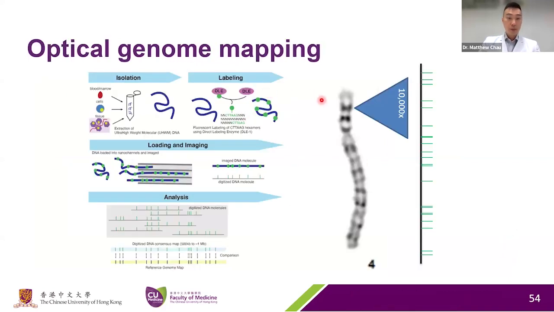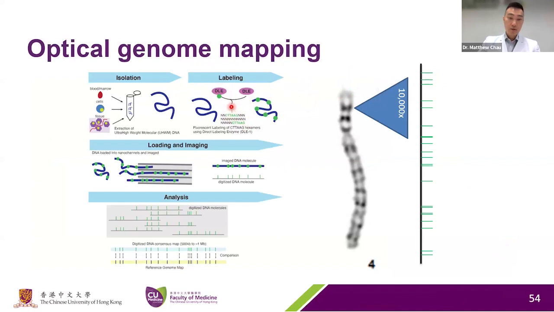So optical genome mapping is also another emerging method in the clinic. This involves labeling DNA by an enzyme that recognizes a six nucleotide hexamer. So this DLE enzyme would go through the genome and identify regions with CTT-AGG hexamer and put a fluorescence tag onto it.